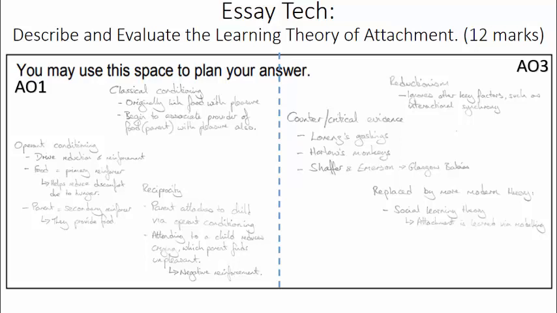Now, at the same time, you do also need to consider the fact that it is naive to assume that learning theory has had little to no impact on the development of attachments. As explained in my previous videos though, if you want top marks, you must make sure your AO3 points are both detailed and effective. Specifically, you have linked your points back to the topic in the question.